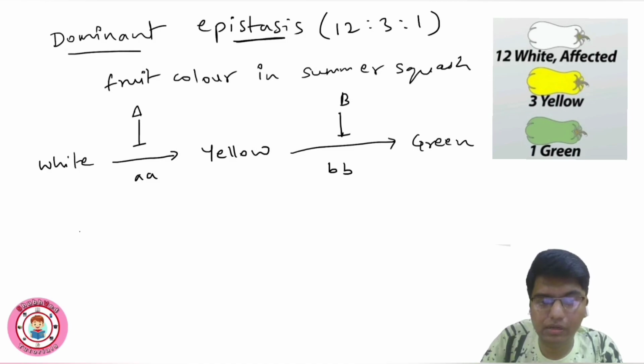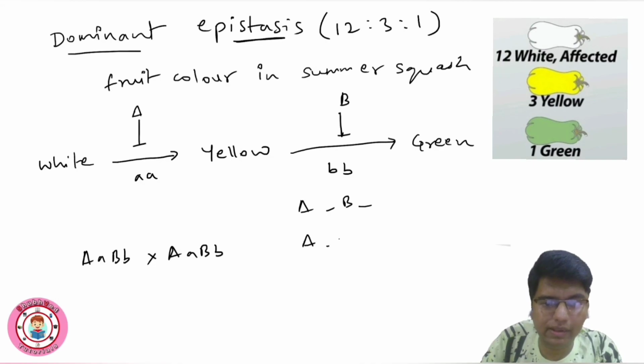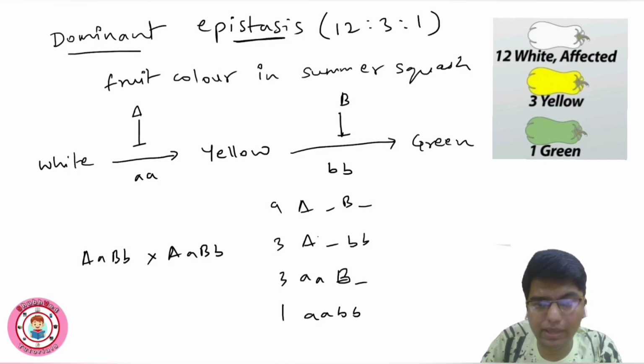Now again the cross. What will happen? We know A dash B dash, A dash small bb, small aa B dash, and small aa small bb. These are 9, these are 3, and 1. So what will be the colors? A, B both dominant, so this will be fully white.